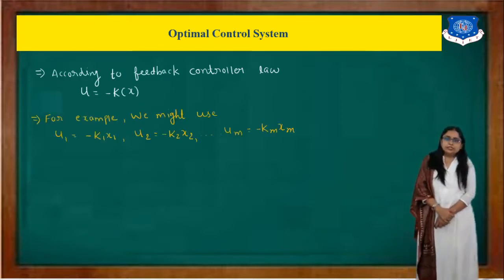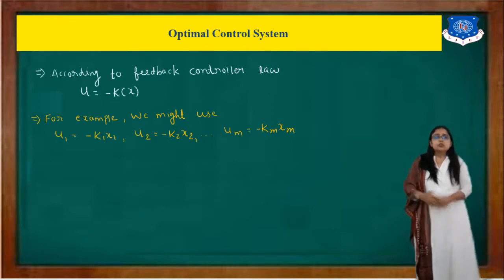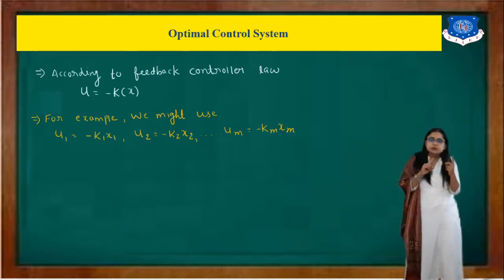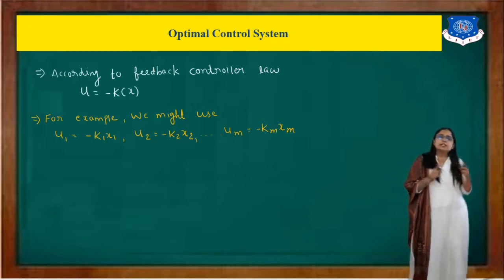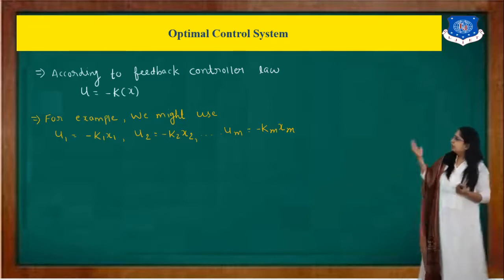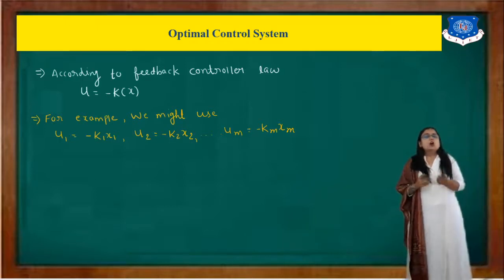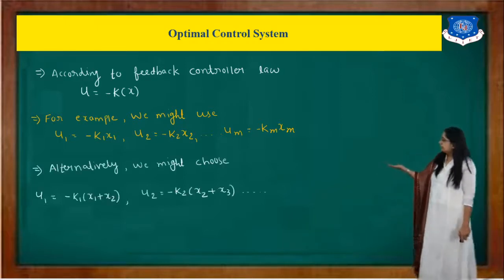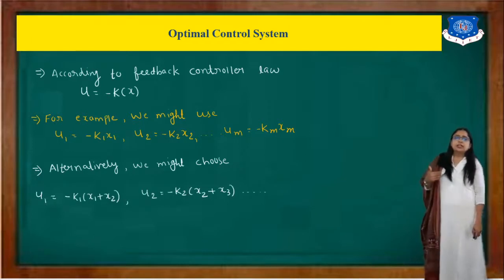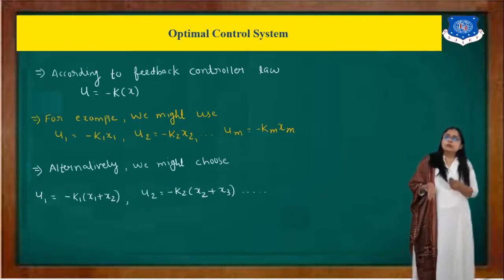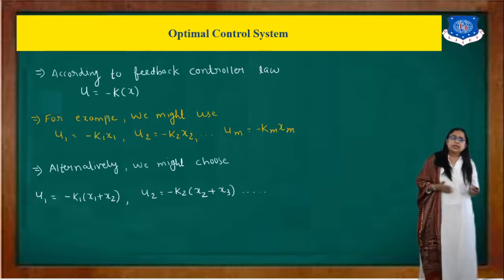Now, in a full example, we might use cost inputs u1 equal to minus k1 x1, u2 equal to minus k2 x2, or um equal to minus km xm, or you can use it like this. Alternately, you can use u1 equal to minus k1 x1 plus x2, u2 equal to minus k2 x2 plus x3, likewise.